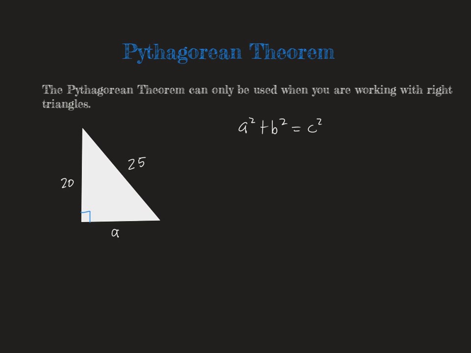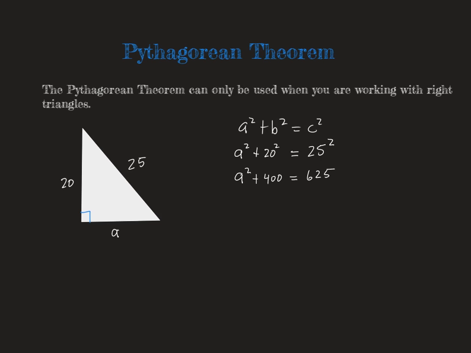So we actually know that the hypotenuse in this one is going to be 25 squared, and then we have a squared plus 20 squared, which is our b squared. Now we're going to square, so we're going to put a squared plus 400 is equal to 625. 20 times 20 gives you 400, 25 times 25 gives you 625.